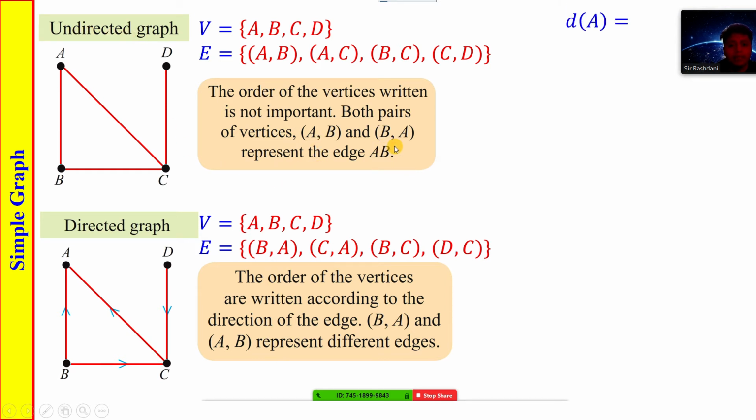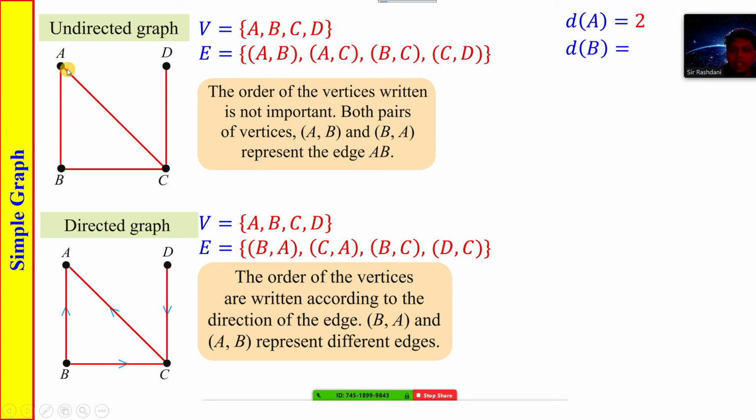For the degree of A in this undirected graph, the degree of A means how many edges involve A. For A we have 1, 2, so it has 2.